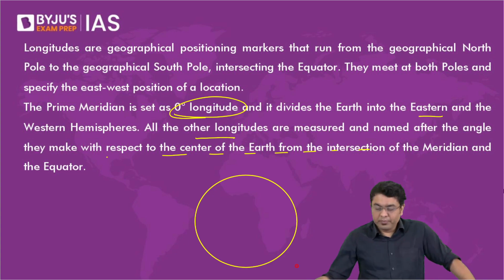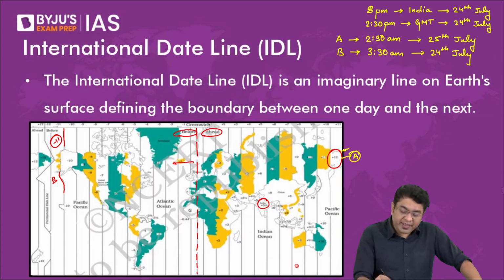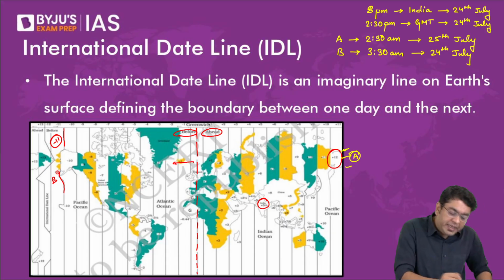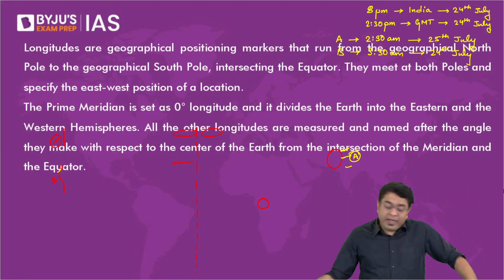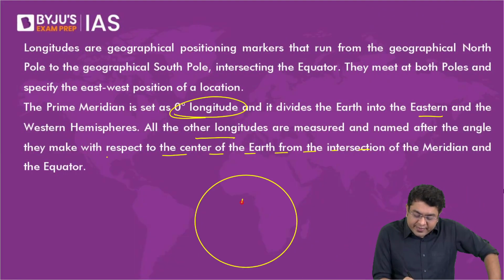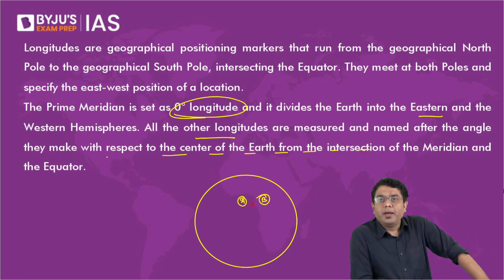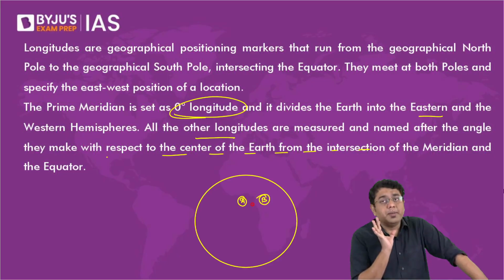Let's suppose I were to represent this place A and this place B. Wouldn't it be the case that A is here, B is here? I'm just representing it on a spherical map. Earlier it was on a flat map, I'm just bringing it on a sphere. So in the case of A, I'm experiencing 25th of July. Whereas in B, it is night time. So A and B both have night time, but one is experiencing the next day.